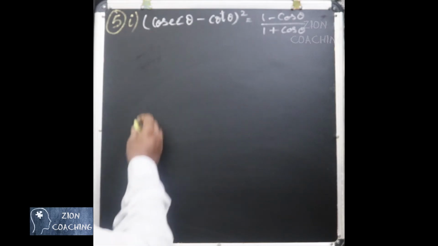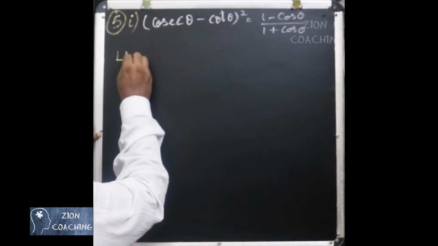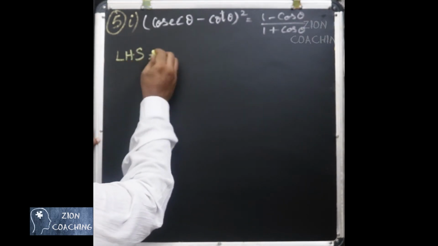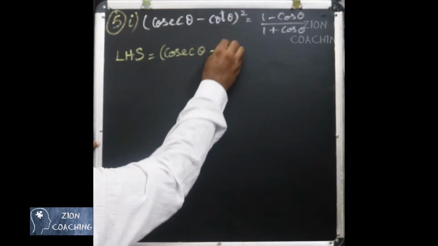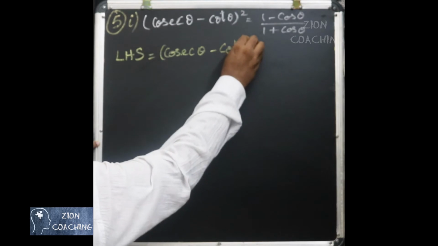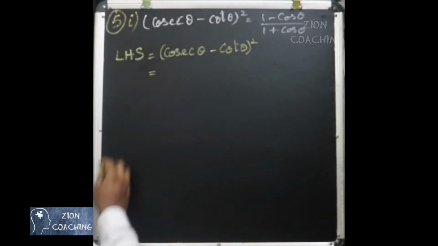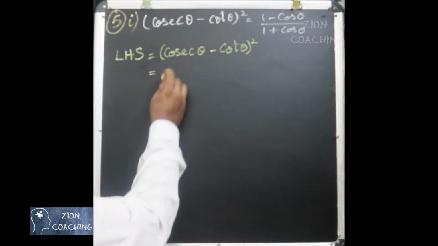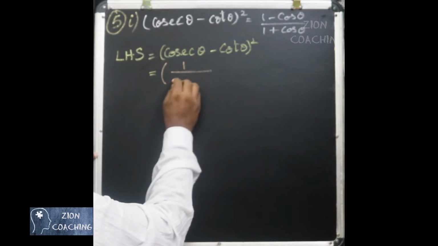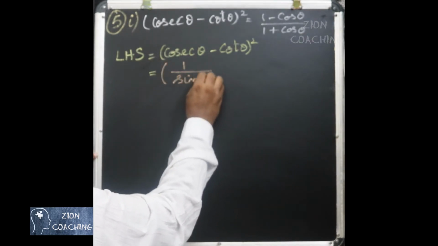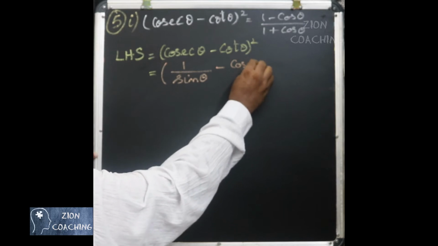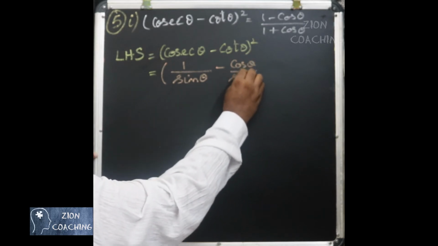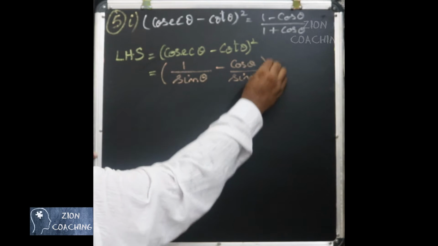Now we will take the left hand side. Left hand side we have (cosecant theta minus cot theta) the whole square. Cosecant theta can be written as 1 by sin theta, and cot theta is 1 by tan theta, which is nothing but cos theta by sin theta, the whole square.